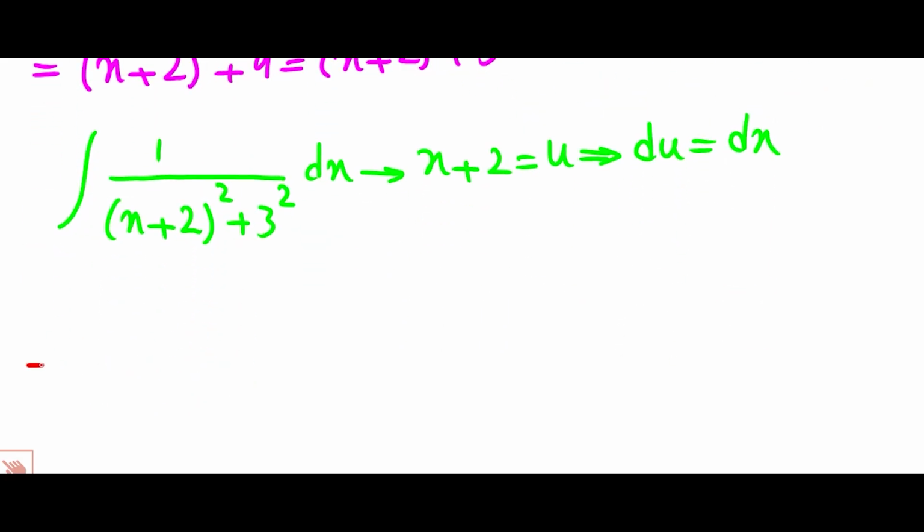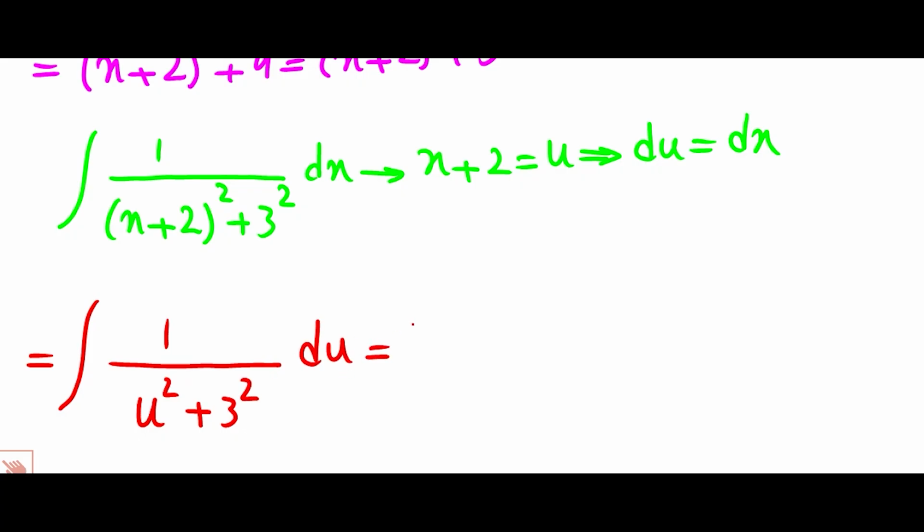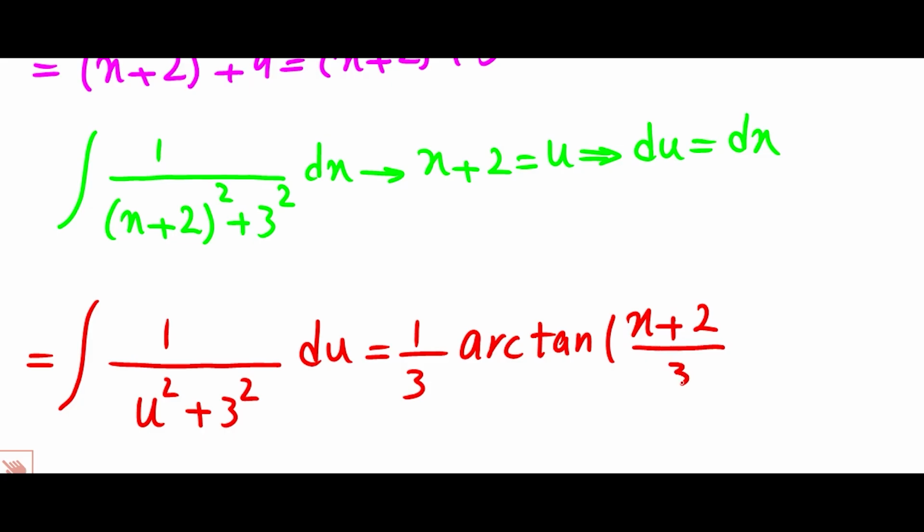So we have the integral of 1 over u squared plus 3 squared du, and a is 3, so we get 1 over 3 arctangent of u over a, where u is x plus 2, so (x plus 2) over 3 plus c.